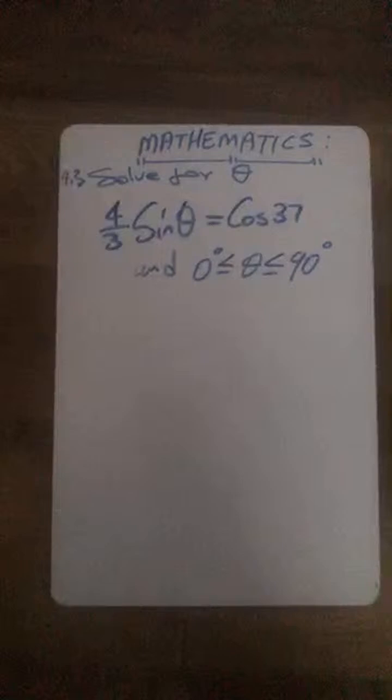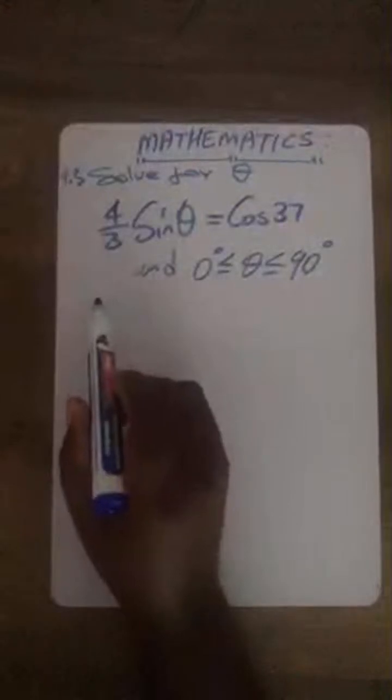So let's see. Larissa got 36.8. Okay. We are solving for theta, so that means you want to get rid of this thing. You are going to have sine of an angle equals cos of 37 degrees.